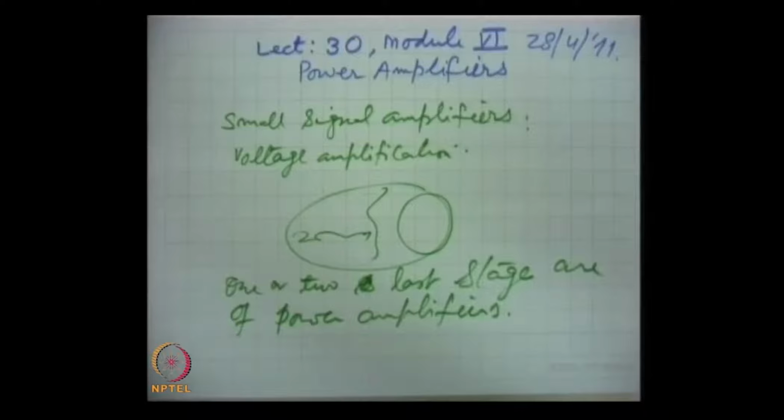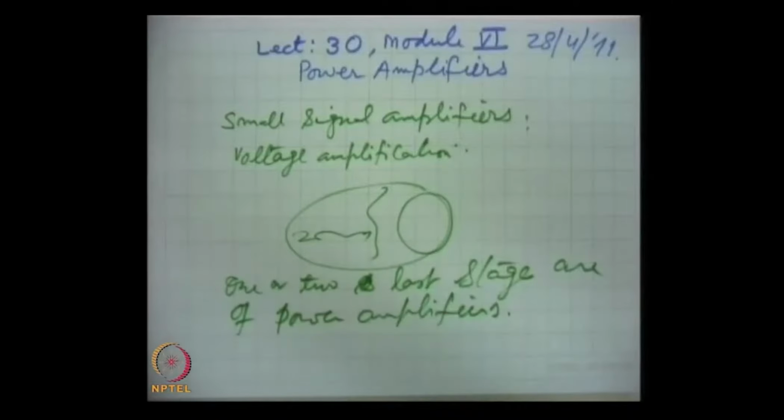And power amplifiers deliver the required power to the output device. For example, power is required to run a motor at the end, or a printer, or, for example, in a public address system, a large volume of audible sound is required.